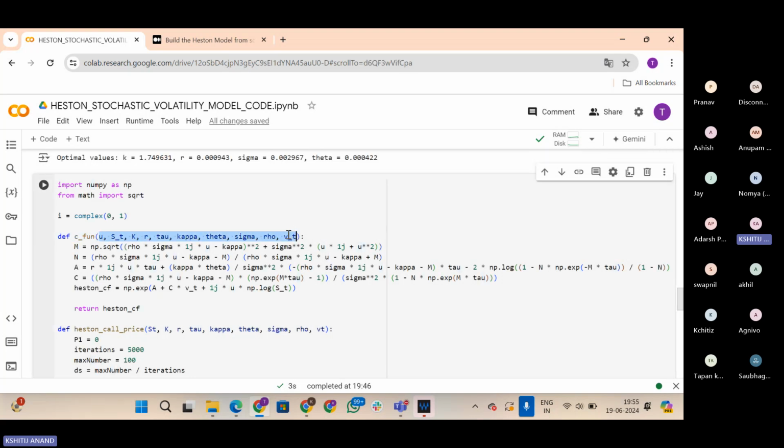Got it? Can anyone tell what is VT? Rho everyone knows, sigma, theta, kappa. What is VT? Volatility. Okay. So VT is basically the volatility at time t.